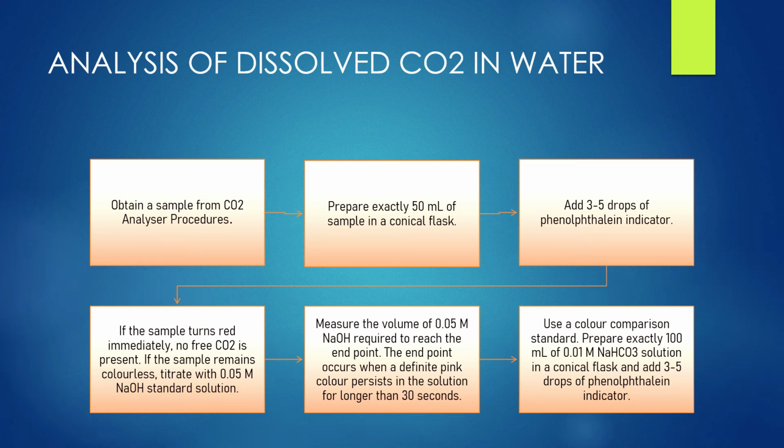Measure the volume of 0.05 M NaOH required to reach the endpoint. The endpoint occurs when a definite pink color persists in the solution for longer than 30 seconds. Use a color comparison standard: prepare exactly 100 ml of 0.01 M NaHCO3 solution in a conical flask and add 3 to 5 drops of phenolphthalein indicator.